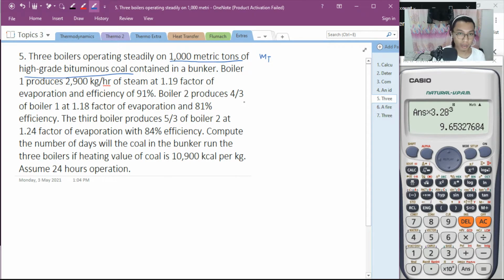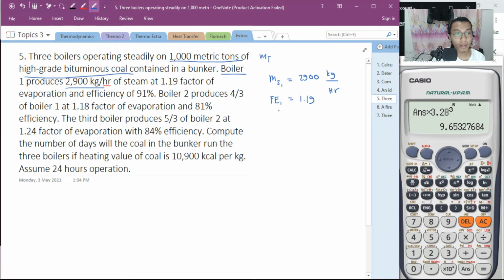The boiler produces, meron kang boiler 1, produces 2,900 kilogram per hour of steam. So, for boiler 1, mass of steam 1 is equal to 2,900 kilogram per hour of steam at a factor of evaporation. So, FE nung boiler 1, that is 1.19.